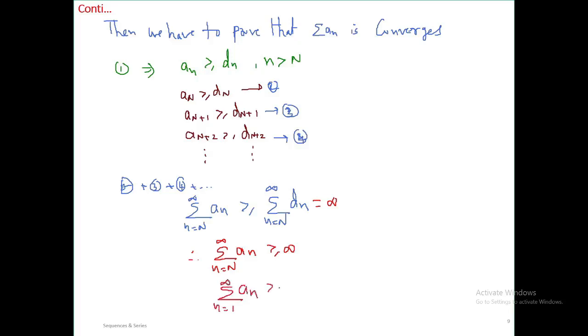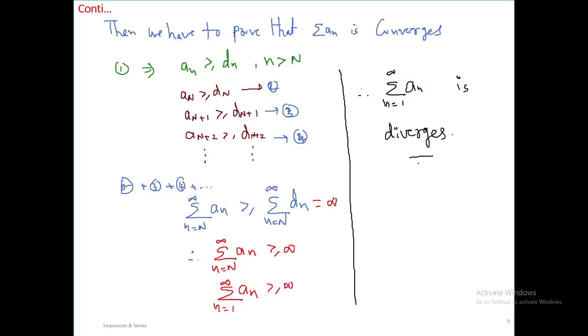Again it is infinity, since we are adding extra finite terms. So therefore, finally, this sum diverges. So the series n running from 1 to infinity of an diverges. That's it.